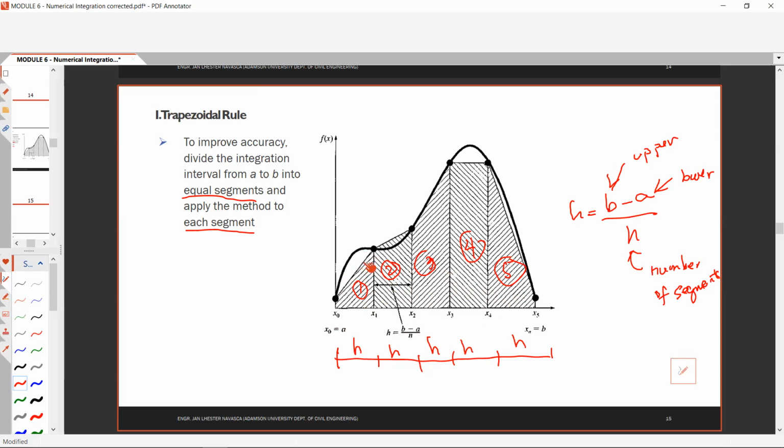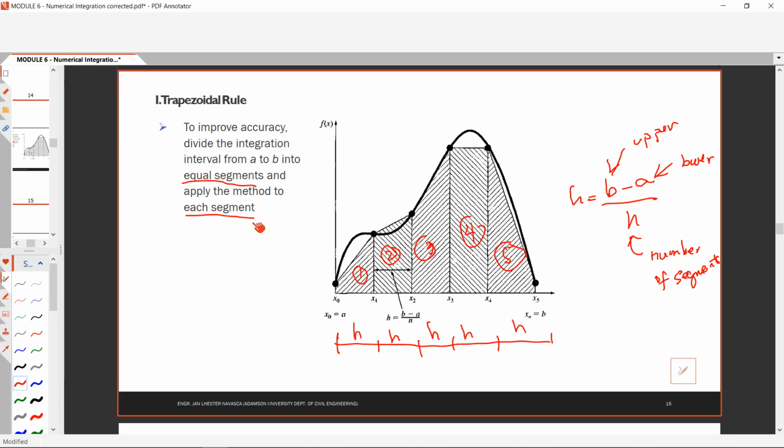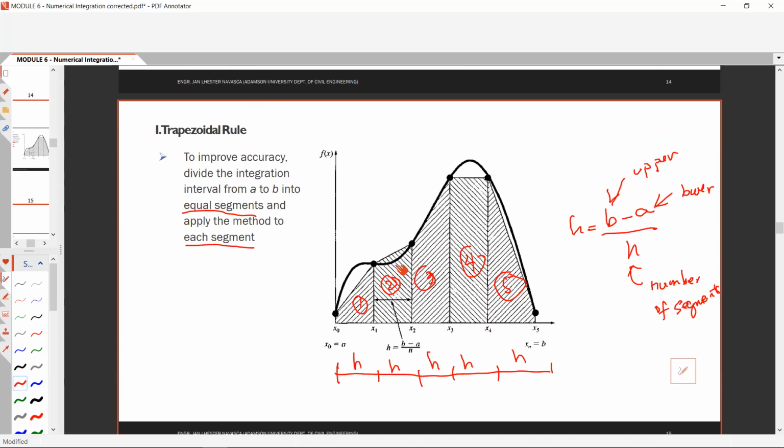We have this one and this one left, and also some part of it, so our error has become small. But how do we solve the area under the curve?